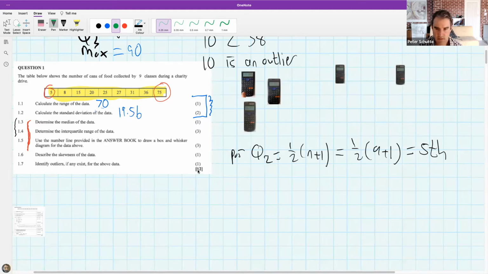So the median is the 5th position. So the median should be 25. So guys, remember when we calculate the median, we first calculate its position. In this case, the median's position is the 5th position, but that's not the value. The value in the 5th position is the number 25. And so the median will be 25.